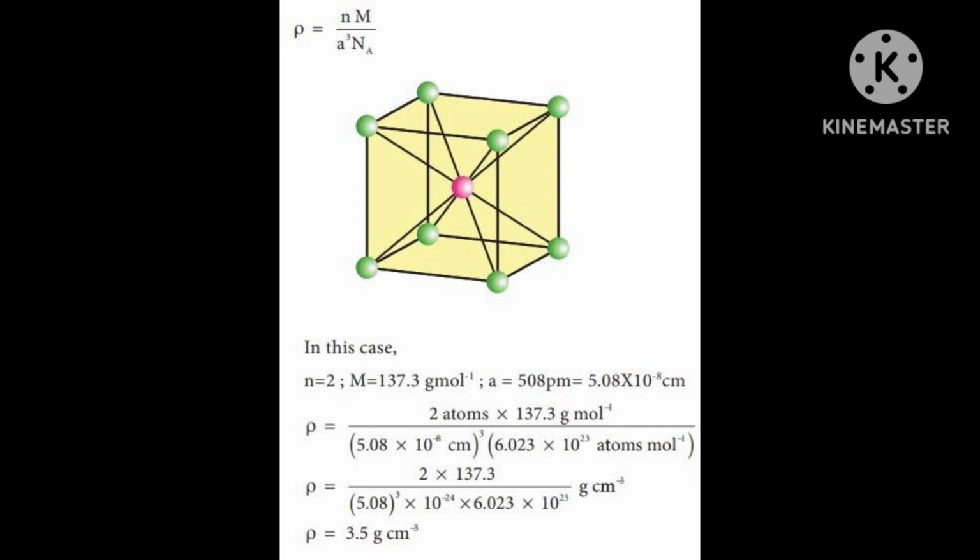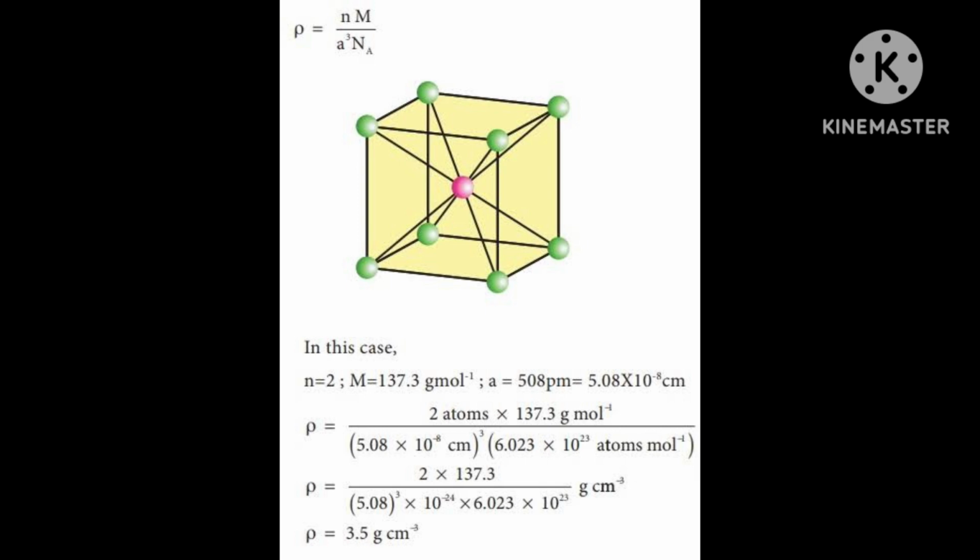One cube means one atom, one unit cell. This is the volume of one atom, or one unit cell.